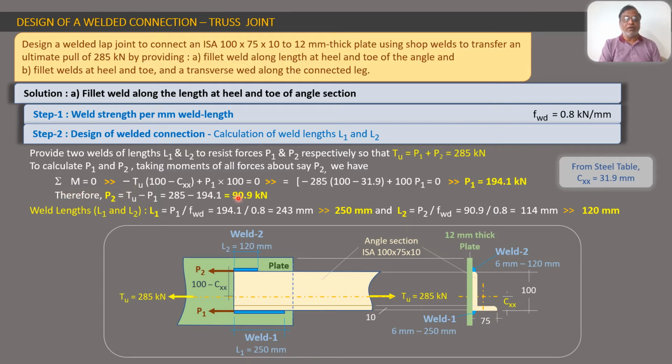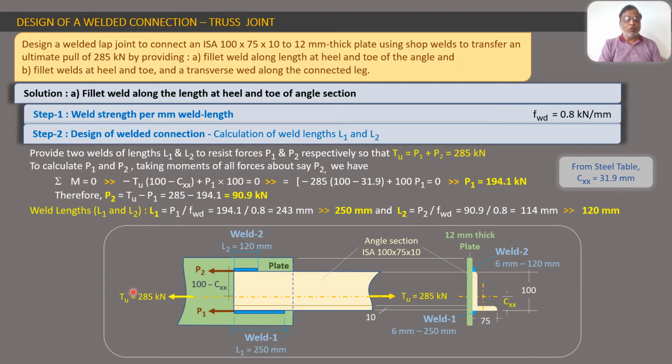This should be understood very clearly, because it affects the final numerical answer, so it is a matter of accuracy of numerical calculation. So the moment of Tu about P2 is Tu into 100 minus Cxx, and the sign is minus, because this Tu will try to rotate about the force P2 in the anti-clockwise sense.